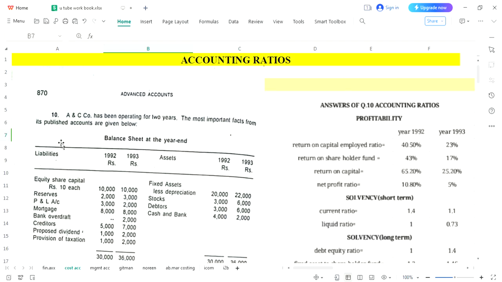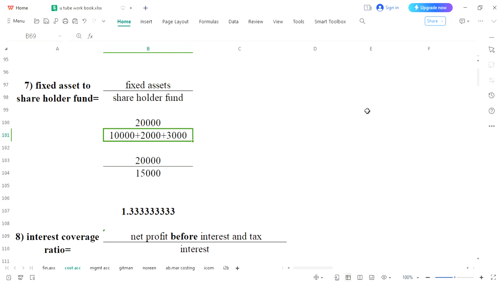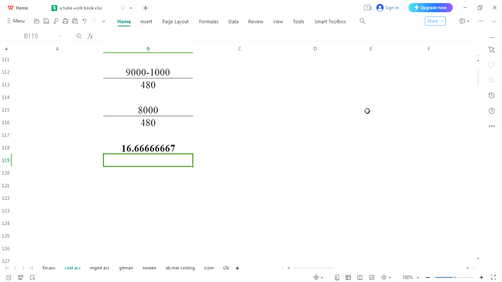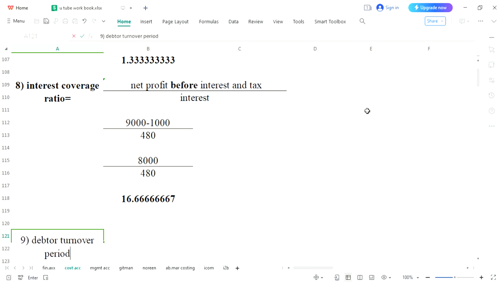This was number 8. After that, now we are going to calculate debtor turnover period. This is our usual practice. We have done it so many times. It is number 9. What we need is debtor turnover period.